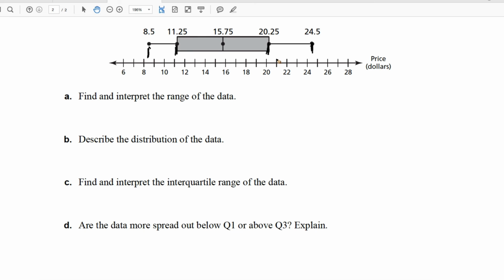I'm going to let you do that one on your own. Just take the top number, 11.25 minus 8.50, very simple. You'll find that the data above Q3 is more spread out. Another way to do it visually, and if you want to explain that one, you can: that whisker is longer than the bottom one, so it just means it's spread out more. So however you want to explain it.